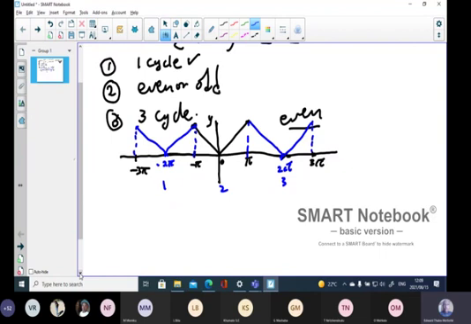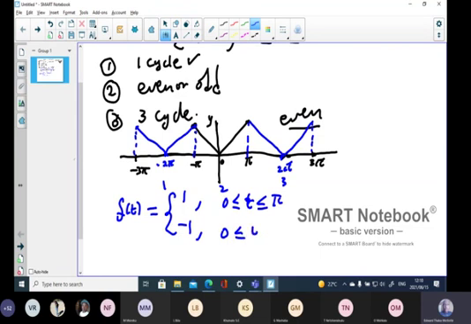Now, let's say we are given another function here. Let's call this one f(t) equals 1, minus 1. Then we can plot it on the same interval as that one, 0 less than or equal to t less than or equal to pi.